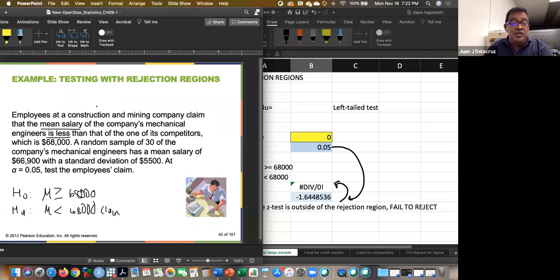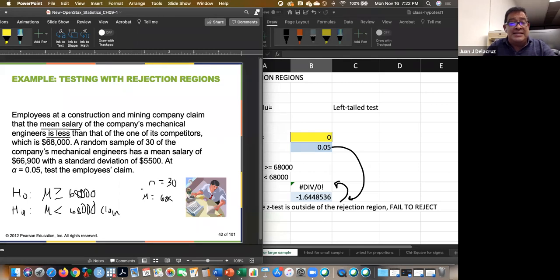So employees at the construction and mining company claim that the mean salary of the company's mechanical engineers is less than that of its competitors, which is 68,000. So they choose a sample. So the sample is 30 people. So we know that mu is equal to 68,000.